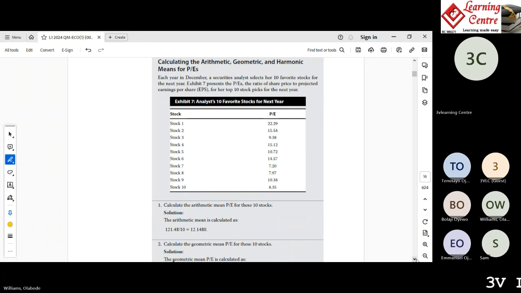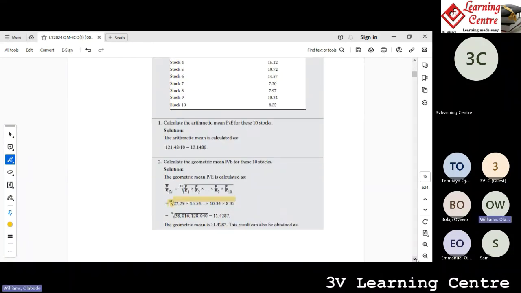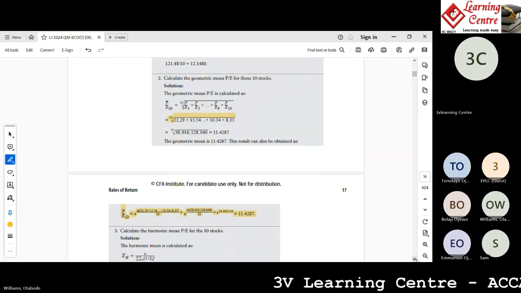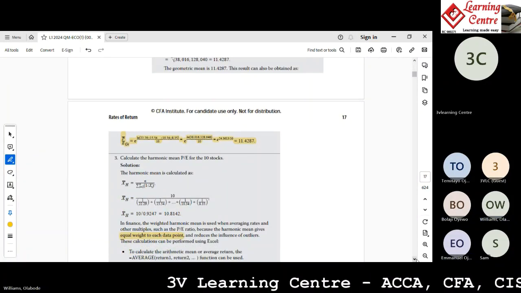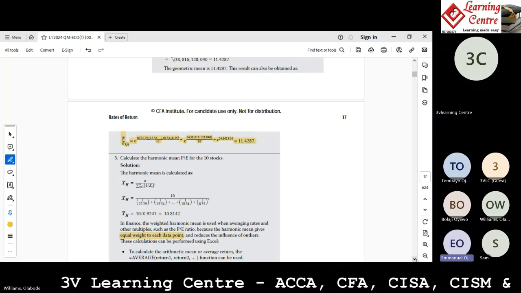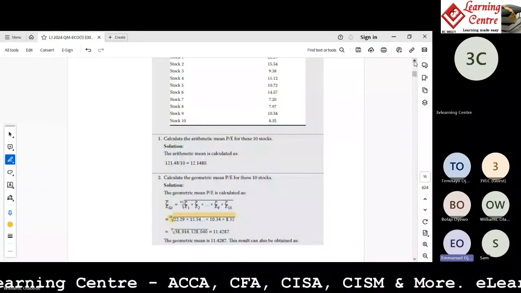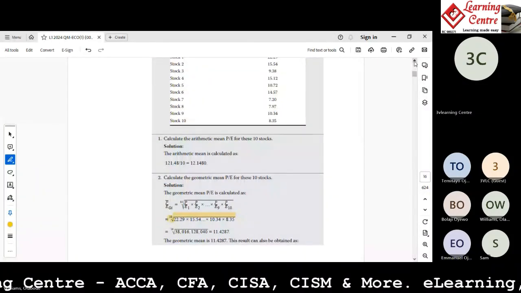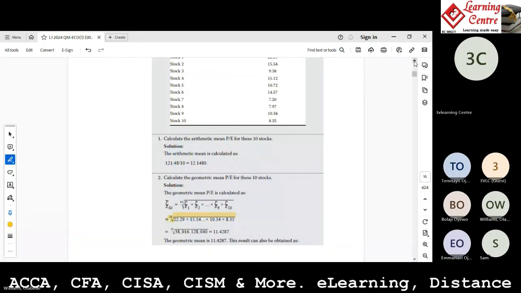Harmonic mean is 10.8142. Okay. Yes. 11.46. Yeah.